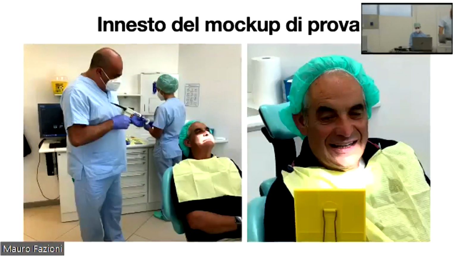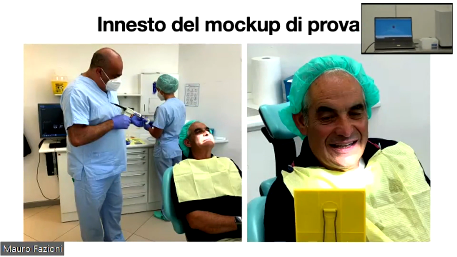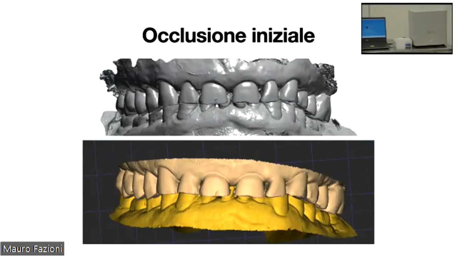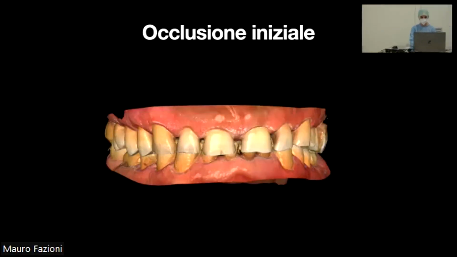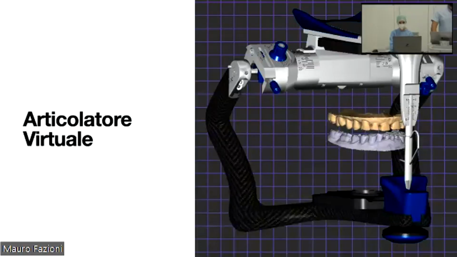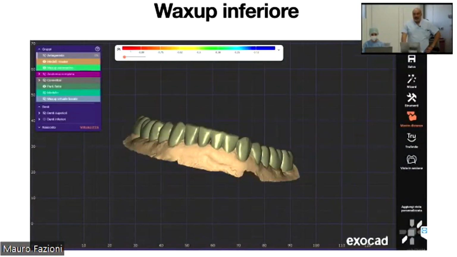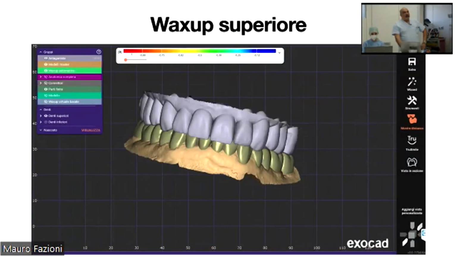After this, we collect into the patient's mouth the stents to show him which is aesthetic directly in the mouth. When everything is done and everything is correct, we can check all the movements with a model builder simulator.